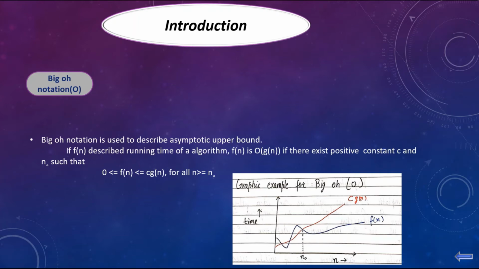As you can see in the graph, f of x is the running time of the algorithm, and it has a lower bound than the upper bound function c g of x, which goes above after the intersection point, that is n naught.